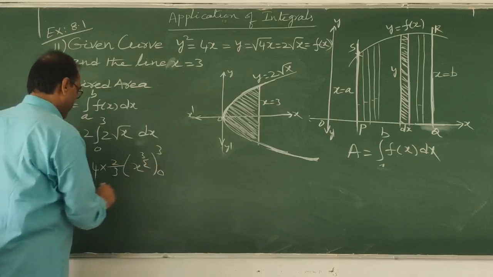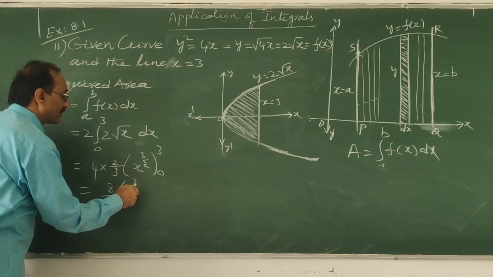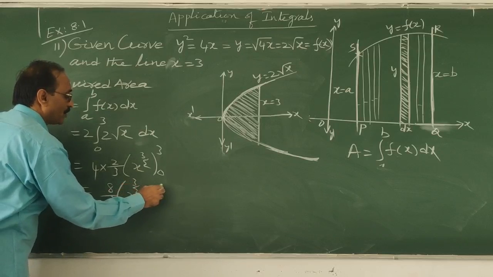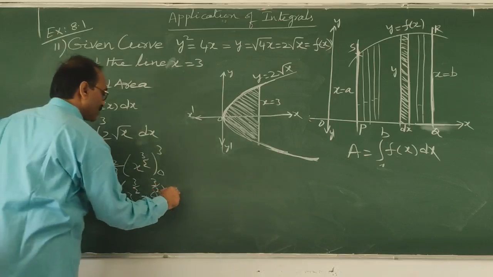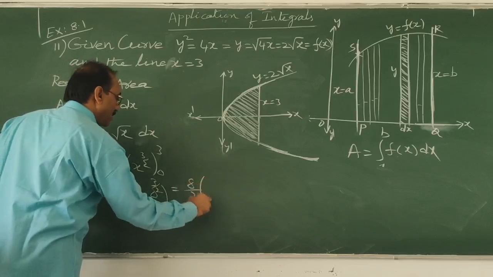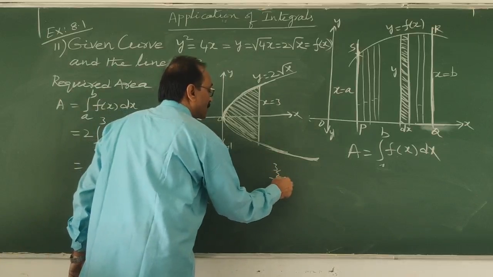So this is nothing but 8 by 3 and 3 to the power of 3 by 2 minus 0 to the power of anything, which is 0. So my dear students, finally how much will you get? 8 by 3 into 3 to the power of 3 by 2 means how much?